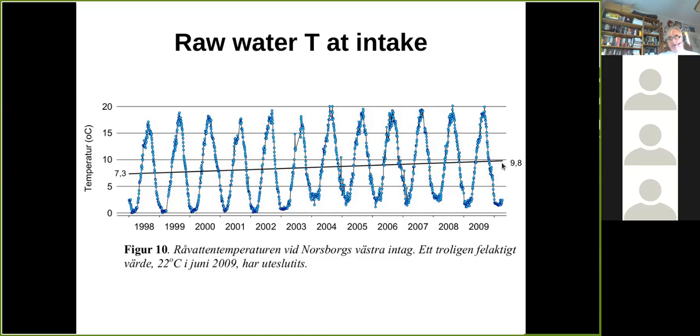That's 2.5 degrees. I'm not sure what this depends on, or that is to say, I don't have the slightest idea what it depends on. But it seems that the freshwater intake gets warmer.